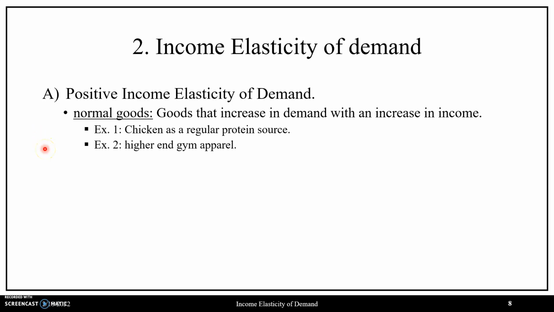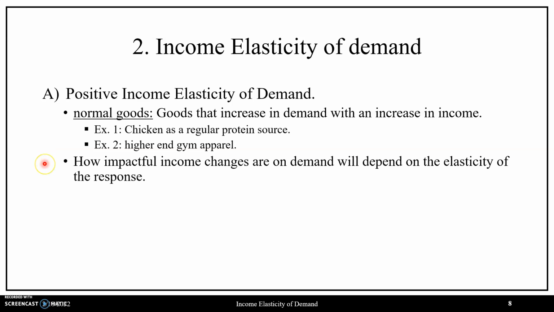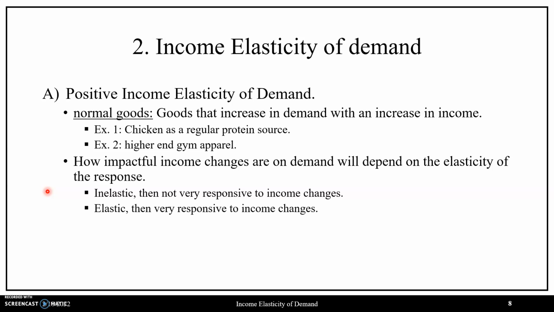Additionally, another example would be higher-end gym apparel, as they tend to last longer and are made of better material as well. Now, how impactful income changes are on demand will depend on the elasticity of the response, in that the more inelastic, then the less responsive quantity demanded is to income changes, whereas on the other hand, the more elastic the response, the more responsive quantity demanded is to income changes.